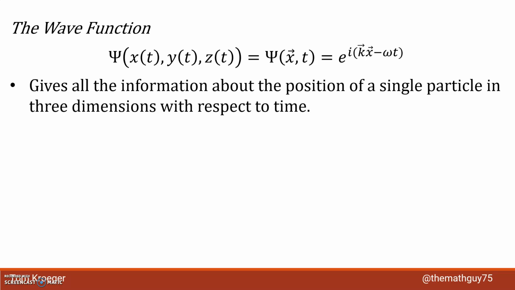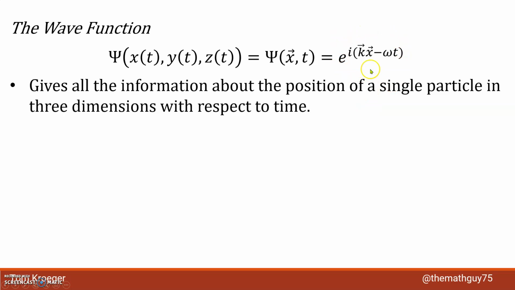The wave function gives all the information about the position of a single particle in 3 dimensions with respect to time. I've written it out here as this capital psi, in 3 spatial dimensions with respect to time.